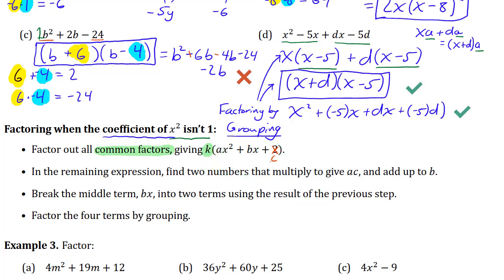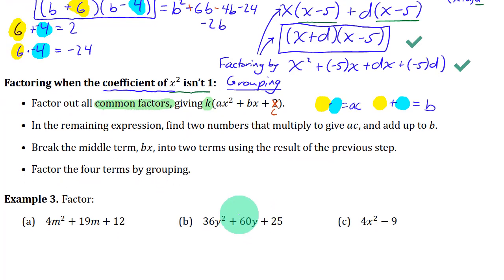So you need two numbers that multiply to give AC and add up to B. And then, after you find those two numbers, we're going to break the bx term into two terms using the results of that previous step. And then we're going to factor the four terms by grouping. The fact that following these first three steps allows you to factor by grouping is kind of cool.